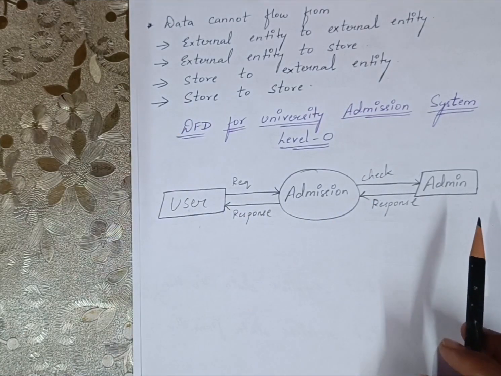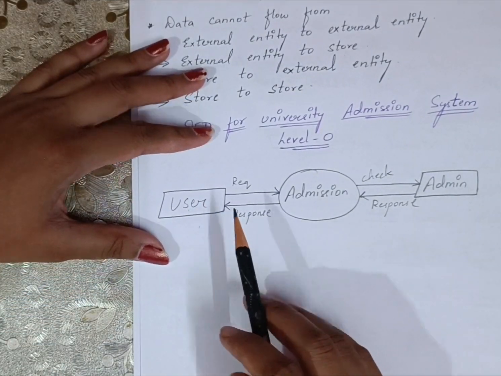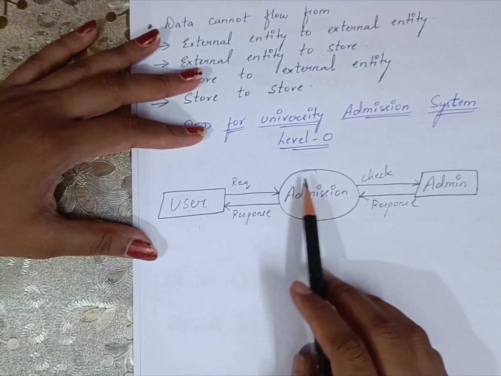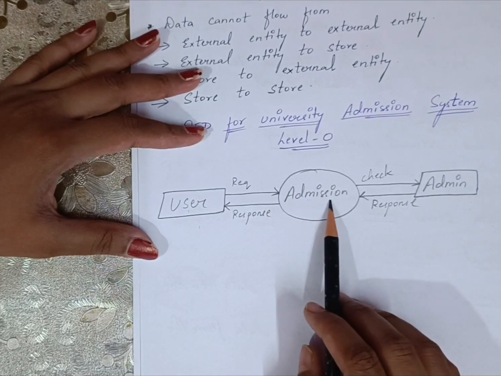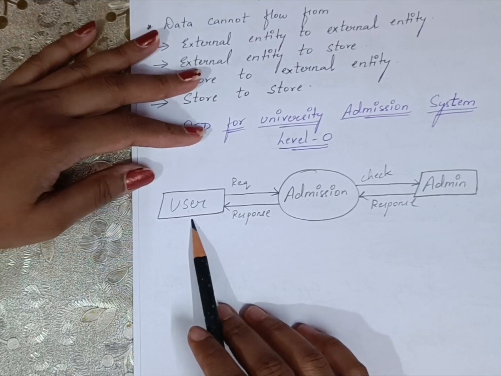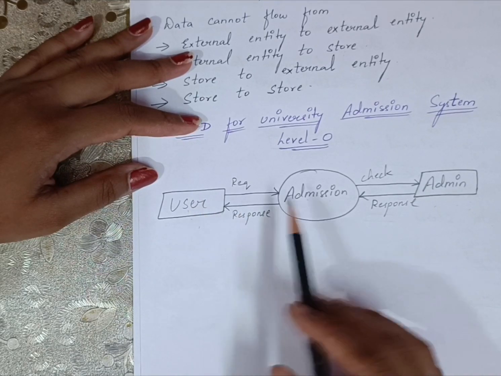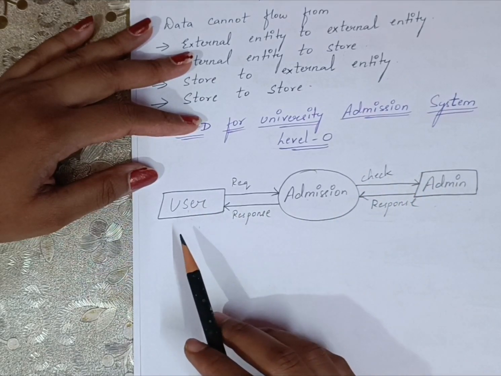In your project, if you are having more entities, you can add those also. And then this is the process, admission process, that takes place between the user and the admin. User in the sense, you can take student as an example. Student is the user here. You can simply write student or user, however you wish.